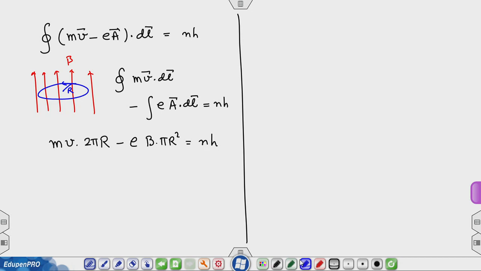Now, I also know that m v square over r is equal to E v b.